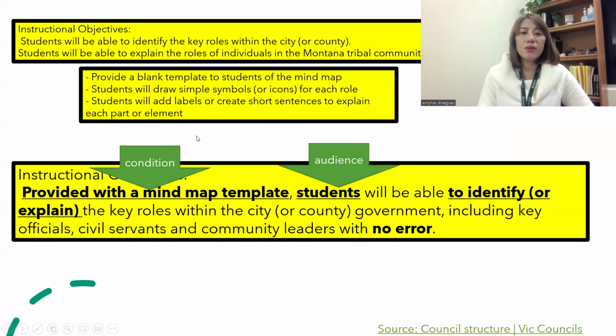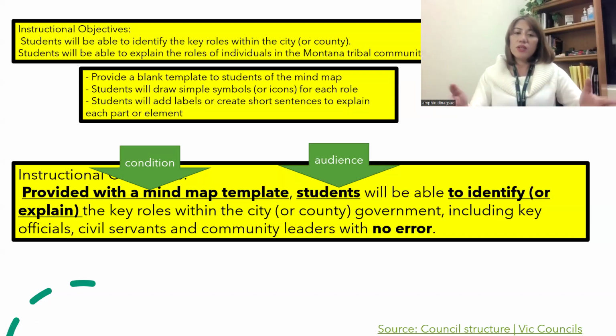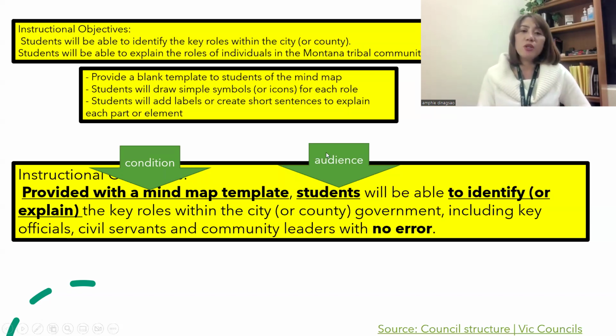If I'm also going to write it a different way: provided with the map template, that's a condition. That is the situation, the circumstances that the students will be in when they are performing the action, when they're demonstrating to me the behavior that will tell me that they learned. So that's how you put a condition.